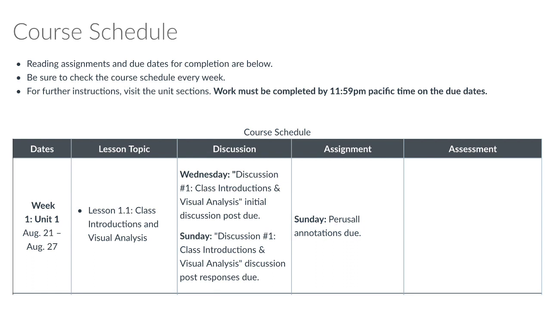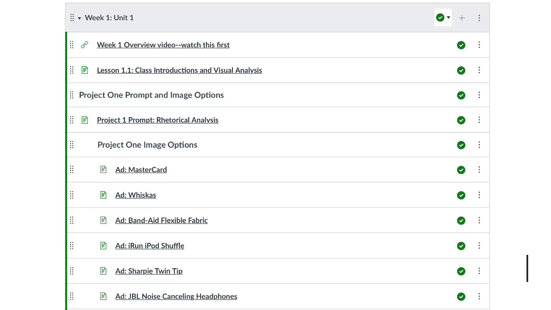The first thing you'll do every week is check out the course schedule. That lets you know what assignments are due and when they are due. The second thing you want to do is navigate to modules, go down the list until you find the appropriate week, and there you will see all of the things that you need to access that week to complete your work.